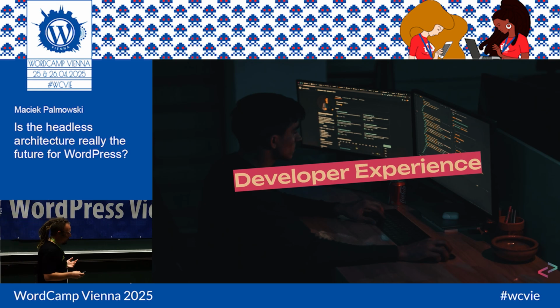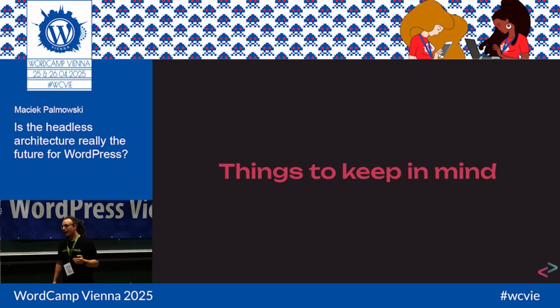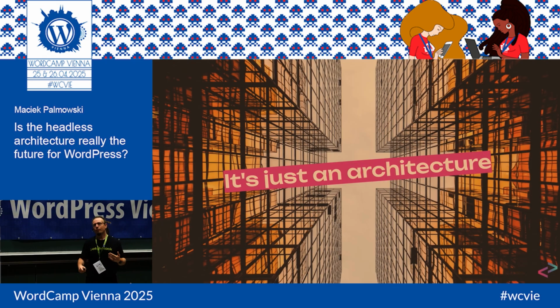If you decide to go headless, there are a few things you have to keep in mind. And the first thing is something that I really want you to, if you would like to remember just one thing from my talk, remember this one. It is just an architecture. Because some people will try to tell you that headless is better. It's not. It's just an architecture choice. In some cases, it will work better.